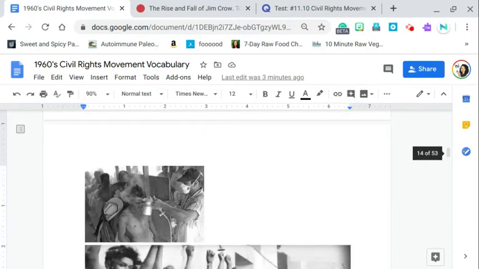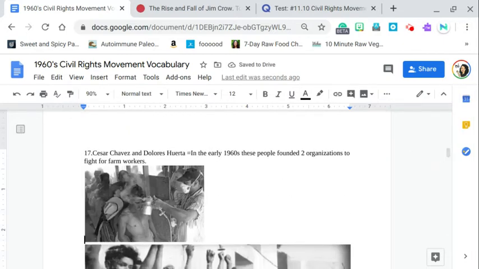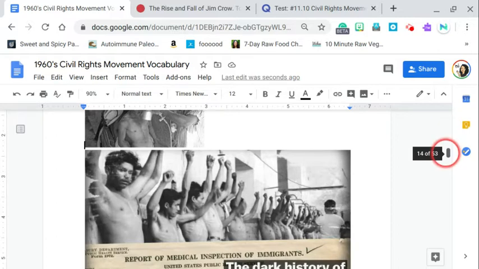All right. Also, we have another great leader of the civil rights movement, Cesar Chavez, and his wife Dolores Huerta. Basically, they fought against the treatment of Mexicans coming into this country.